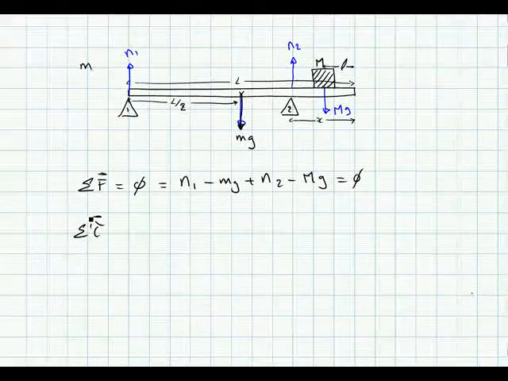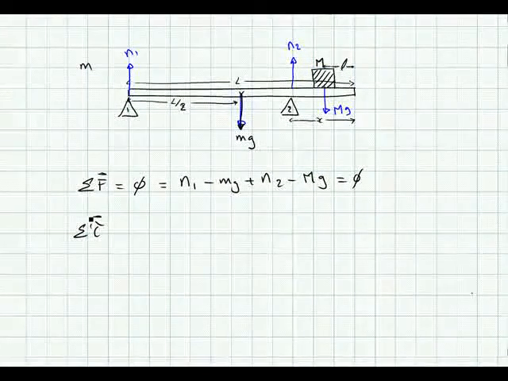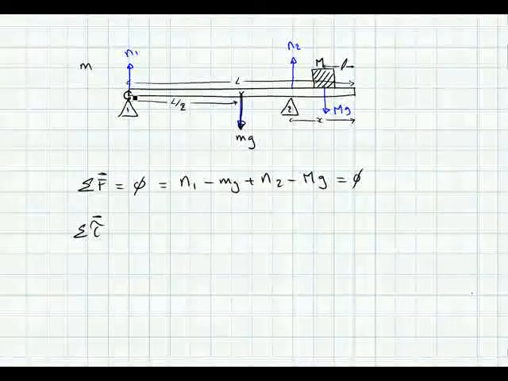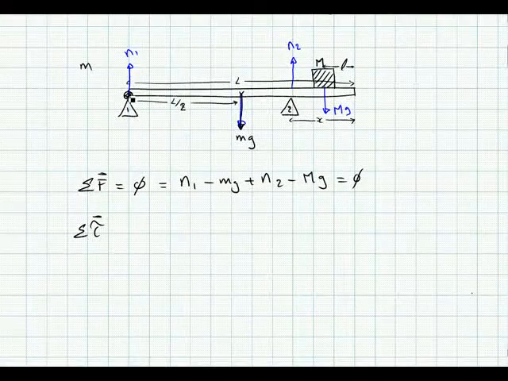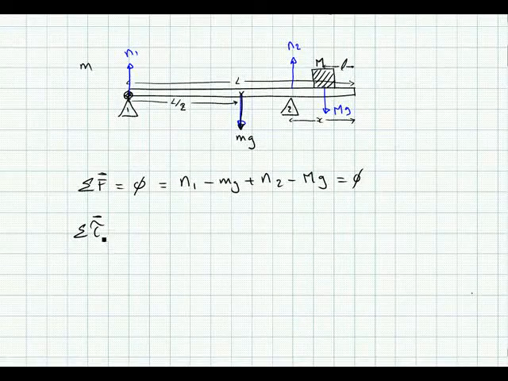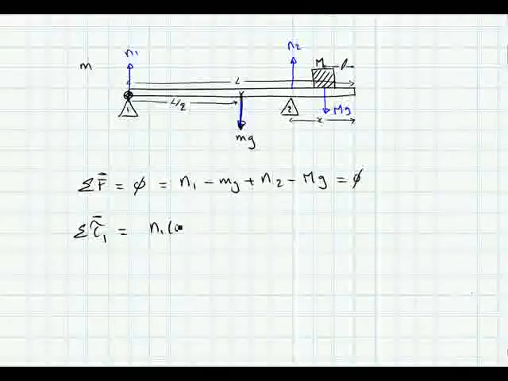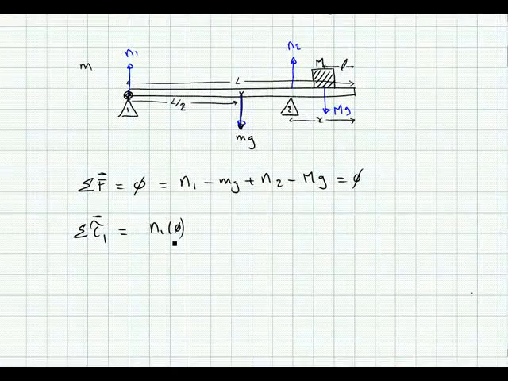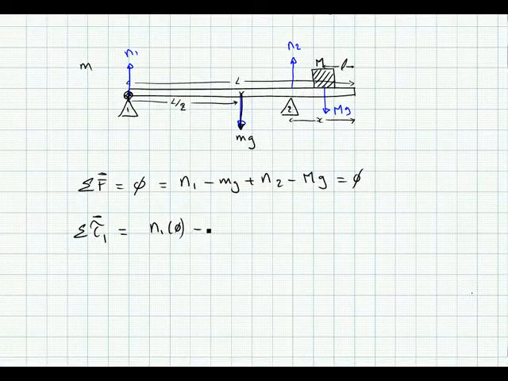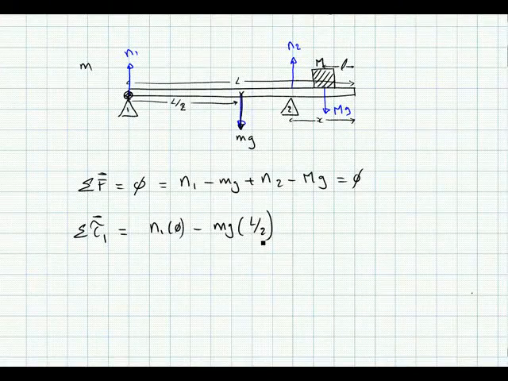Once again, n1 and n2, let's say, are unknowns. Once you choose your pivot point to coincide with the position where one of the unknown forces is applied, let's make that position 1. n1 times 0, that's 0 torque. Then we have minus mg times L over 2.